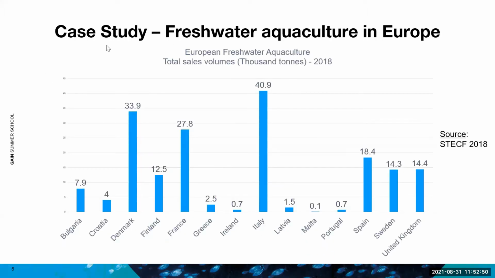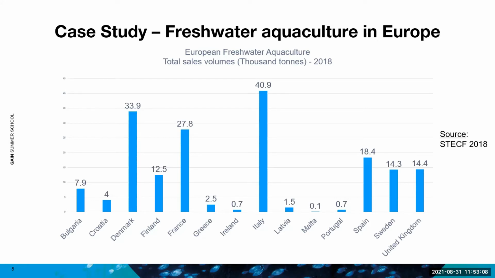What we studied in this case study was a rainbow trout farm, so we are talking about freshwater aquaculture. Freshwater aquaculture in Europe is quite important.